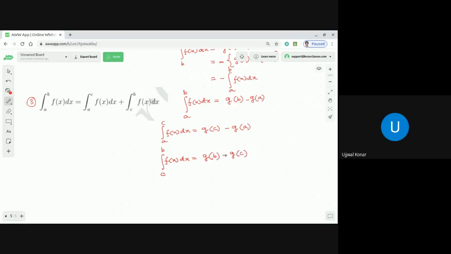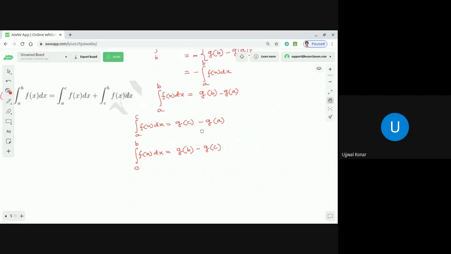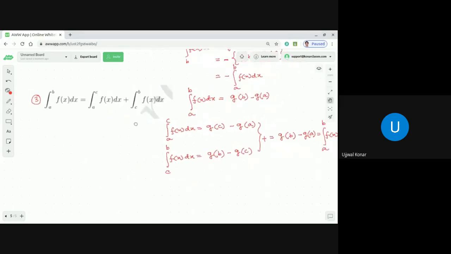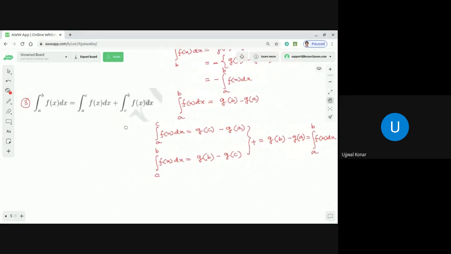Now you add these two. If you add, you will get g(b) minus g(a), which is equal to a to b f(x) dx. Absolutely clear? So this is the third property.